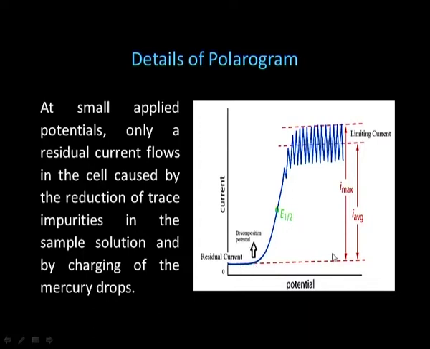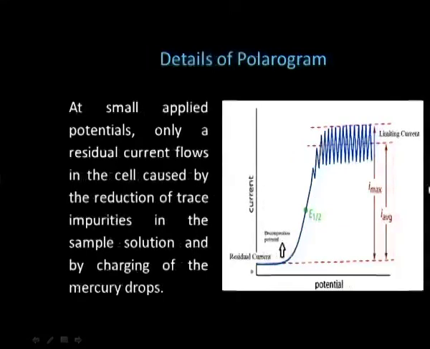Here you can see again we have I average, where we have taken the intermediate or the average current at the top. This is known as total I average, and this is known as I maximum when we are considering the maximum current. When the size of the drop is maximum, it is known as I max.